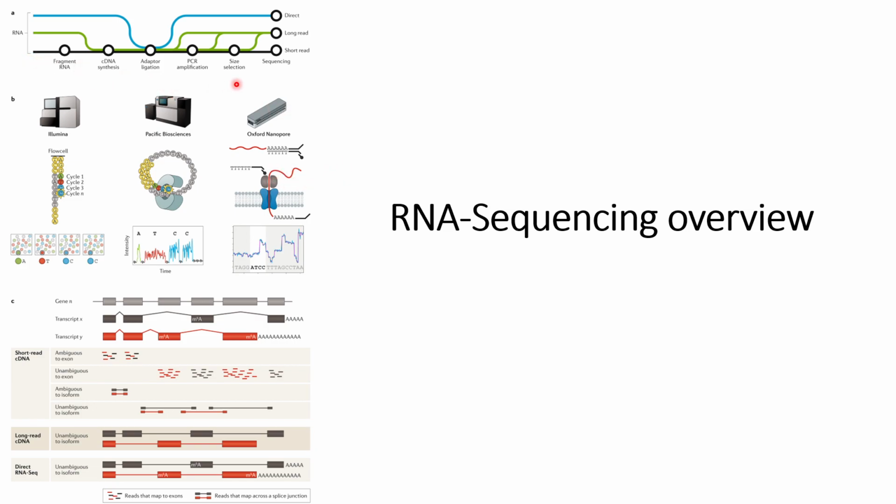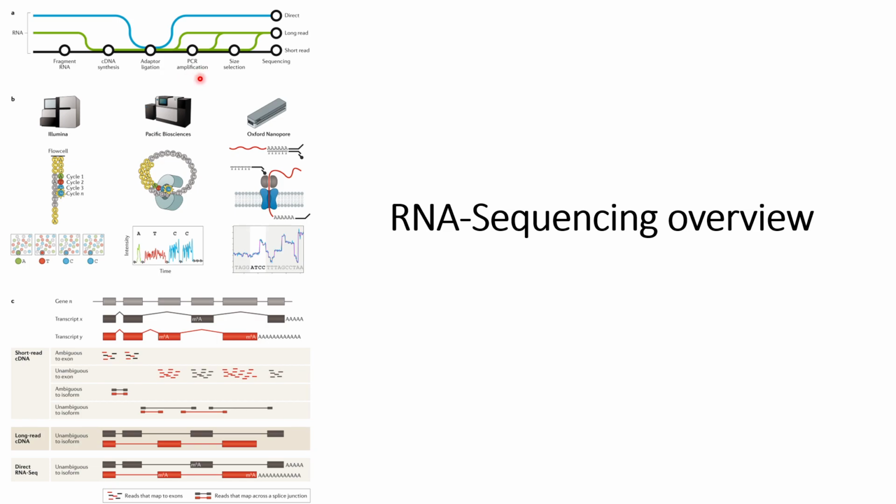The different RNA approaches work like this: first the RNA fragment is isolated, and then in some approaches it is converted into cDNA, and then it is connected to the adapter, which depends on the downstream method that will be used to analyze the RNA.